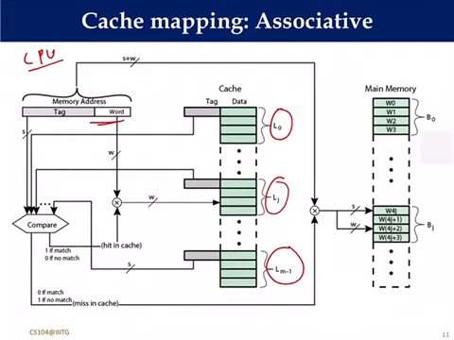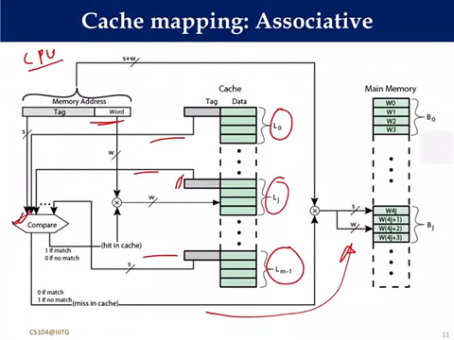And so the comparison logic will be complex. It is to be compared with all the lines present in the cache, and out of all the lines, if it is there, it will be in only one line. If it is not, then of course it is a miss.